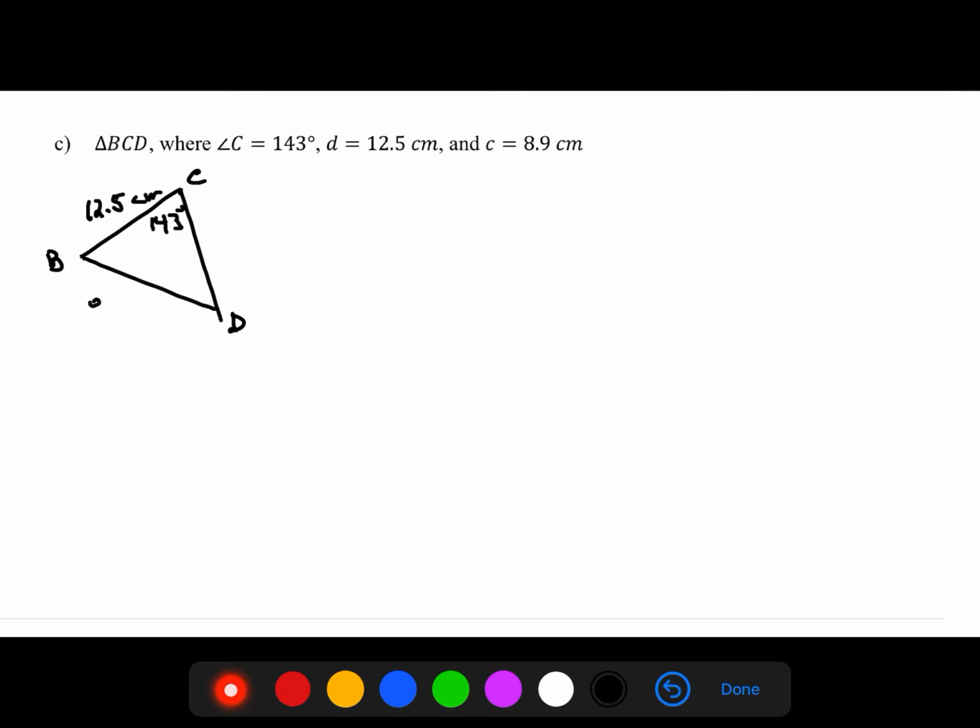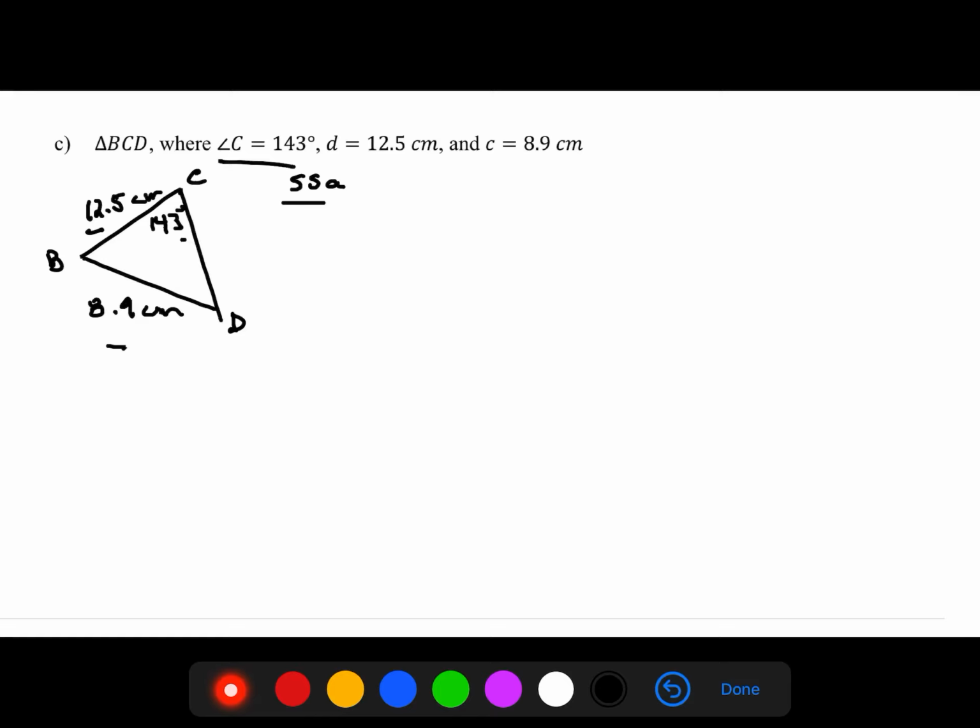We know angle C is 143 degrees. Side D is 12.5 centimeters. And C is 8.9 centimeters. So again, we have side, side, angle, which means we need to take a closer look at this.